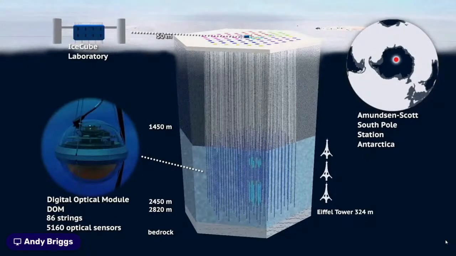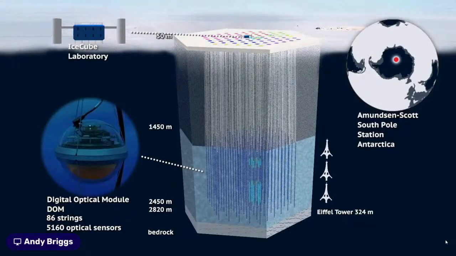Now, they're there to detect neutrinos. These ghostly particles, which are very mysterious, coming from the depths of space. They're very difficult to detect because neutrinos pass through matter as if it just weren't there. It's often said that a single neutrino could pass through a sheet of lead 30 light years thick and not even notice it. So they are very difficult to detect because they don't interact with ordinary matter.